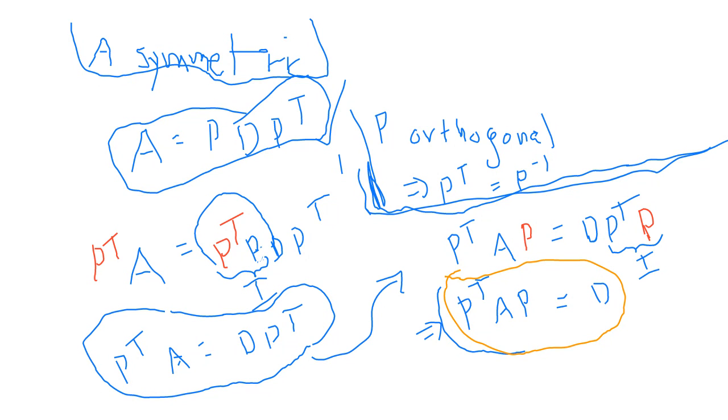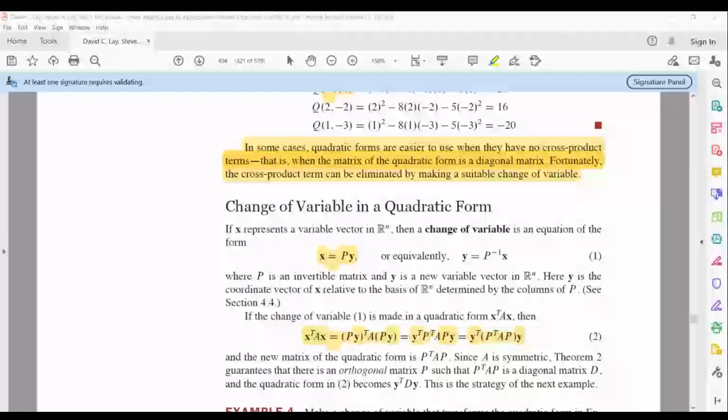Okay. All right. Well, now that we've established that P transpose times A times P equals the diagonal matrix, back in the book we've justified that. And so they say that P transpose times A times P is a diagonal matrix. We just showed that.